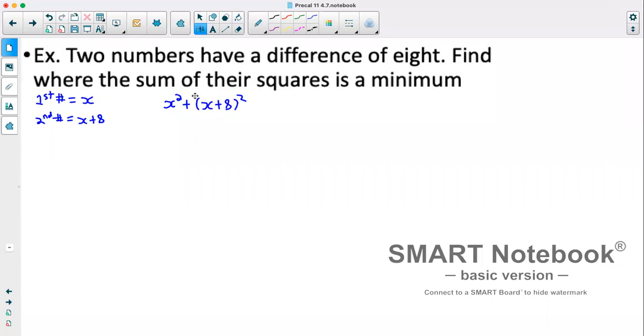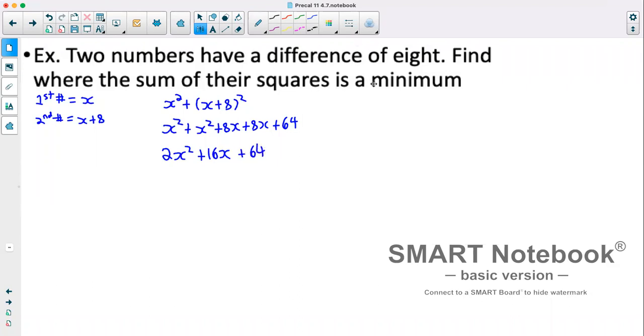So we want to FOIL that out. So we've got x squared plus 8x plus 8x plus 64. We'll combine like terms. So we've got 2x squared plus 16x plus 64.